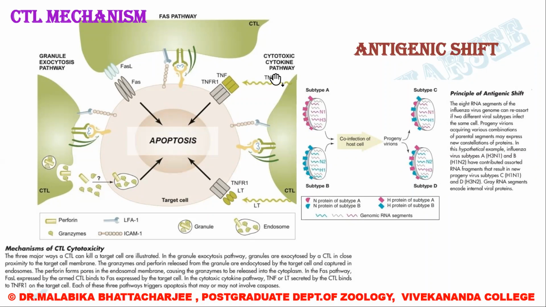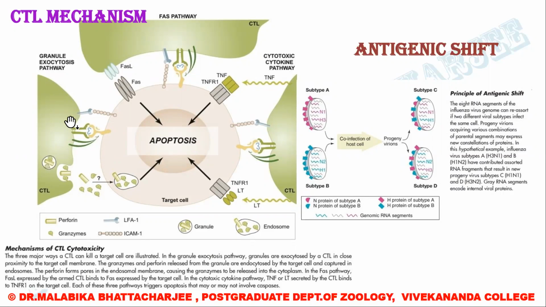These are the 3 basic pathways in which a cytotoxic T lymphocyte can provide death to a target cell. Now, coming to the granule exocytosis pathway.